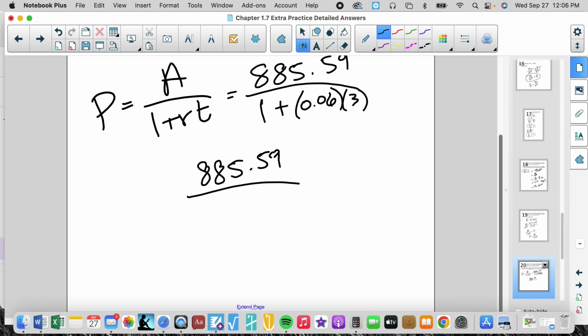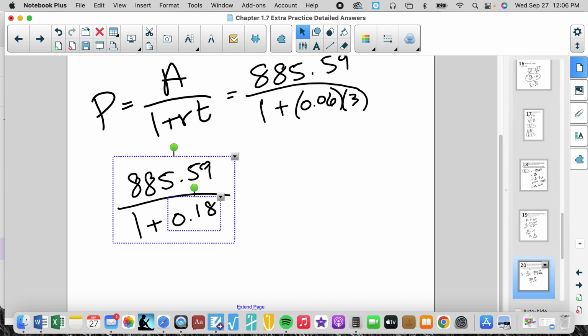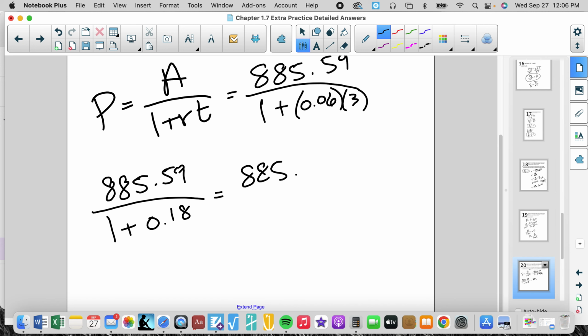So we'll do decimal. 0.06 times 3 is going to be 0.18, I think. And then we're going to add that to 1. So we get 885.59 over 1.18.